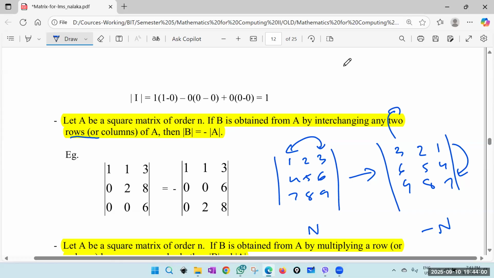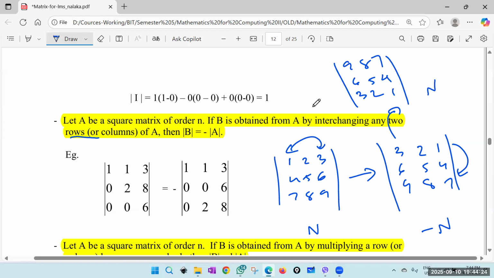So then 9, 8, 7, 3, 2, 1, 6, 5, 4. Then what is the determinant of this one? The determinant of this one is negative of the previous, because from that matrix I have interchanged these two rows. So that is minus n, and this one's determinant is plus n.